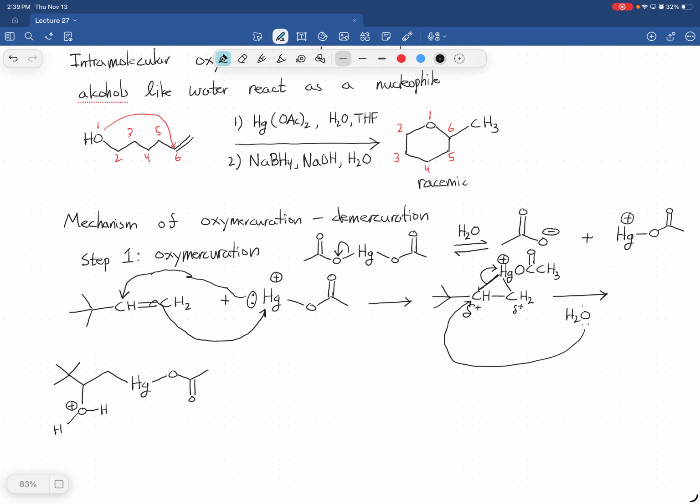All right, so now we have a protonated water, and what's the last step? Yes, deprotonation to furnish the alcohol. So we get H3O plus, plus this structure.